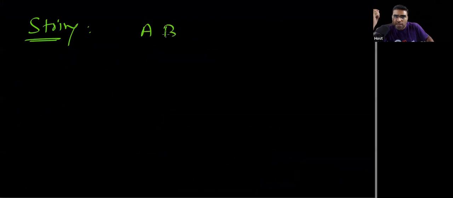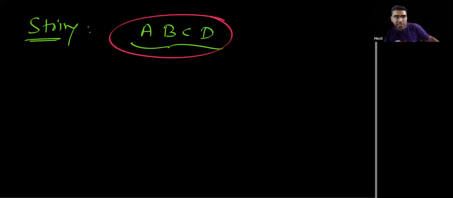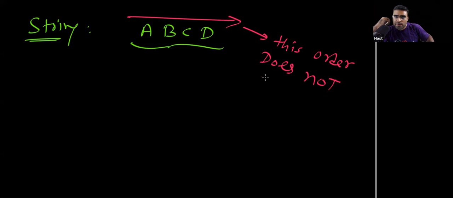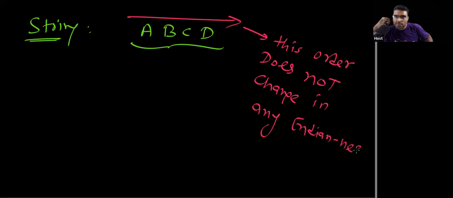If I give you a string, some string A, B, C, D, the order will not change in any endianness. Correct? Agree?